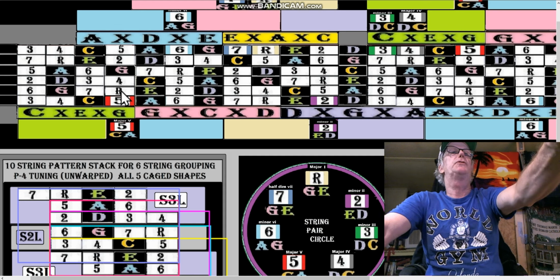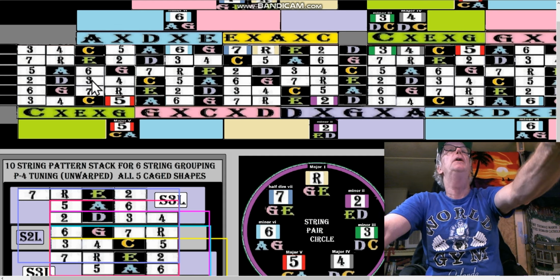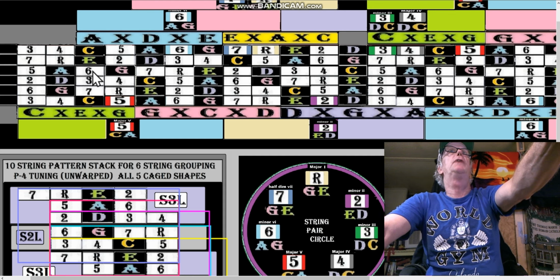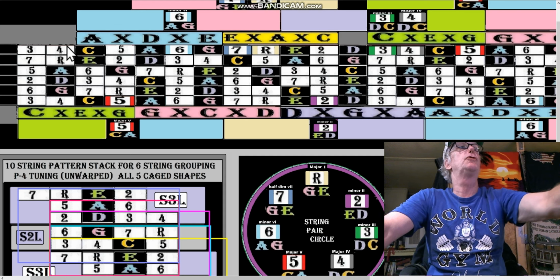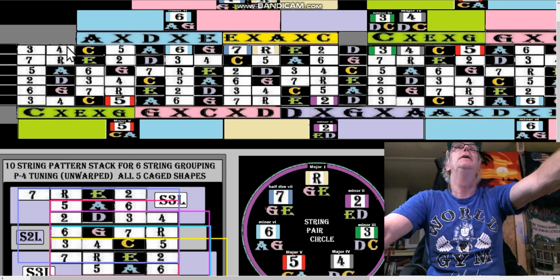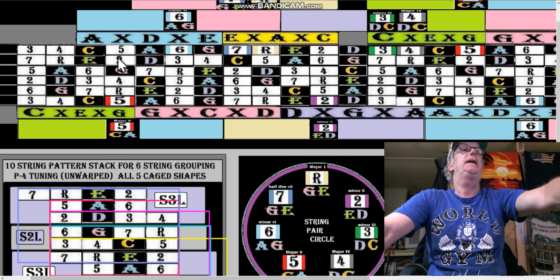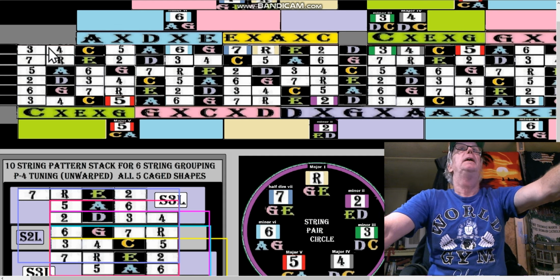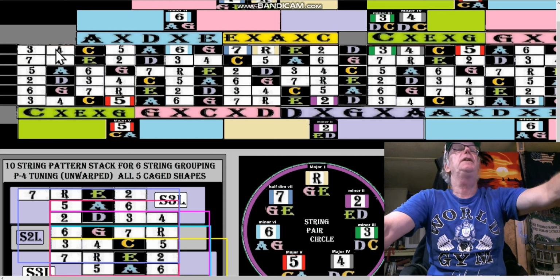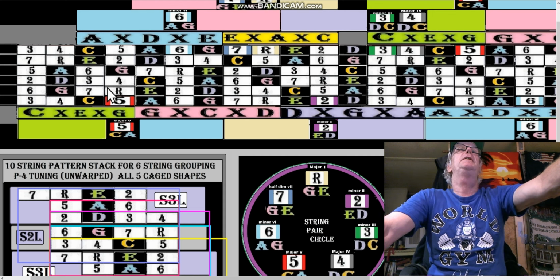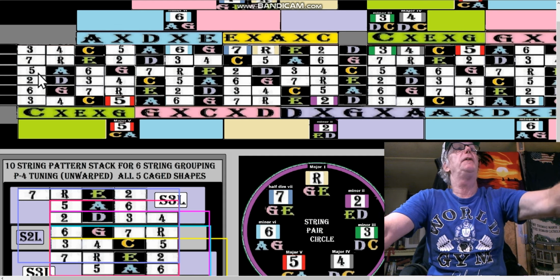Okay? So in the C box, the minor 6 would be our familiar 3, 6, root right there, second inversion A minor. The D minor would be 6, 2, root, second inversion D minor. So it'd be A, D, and F up there, the fourth of C. And the E would be second inversion E minor, 7, 3, 5.